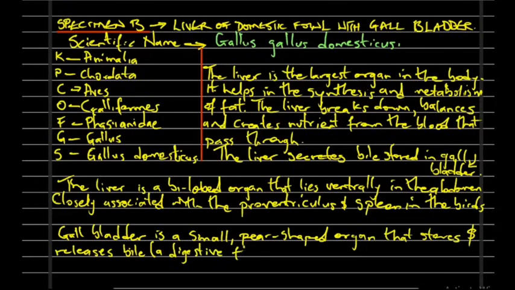A digestive fluid. So that is what the gallbladder does. It houses the bile that is produced by the liver. So that is the relationship between the gallbladder and the liver.